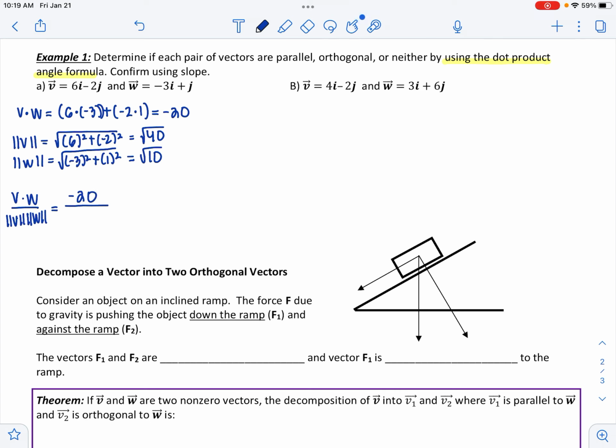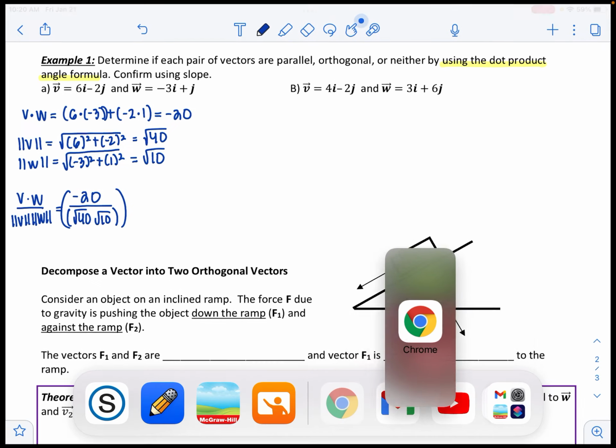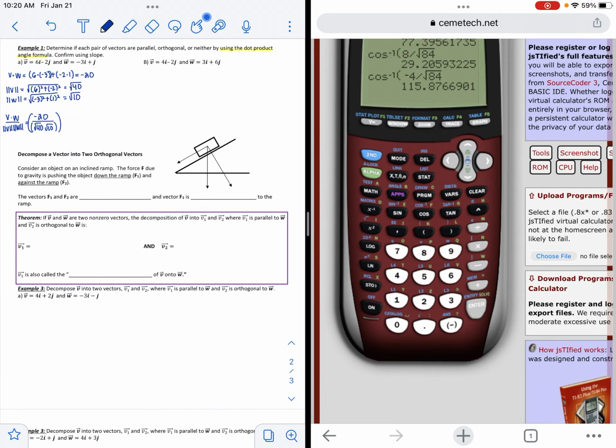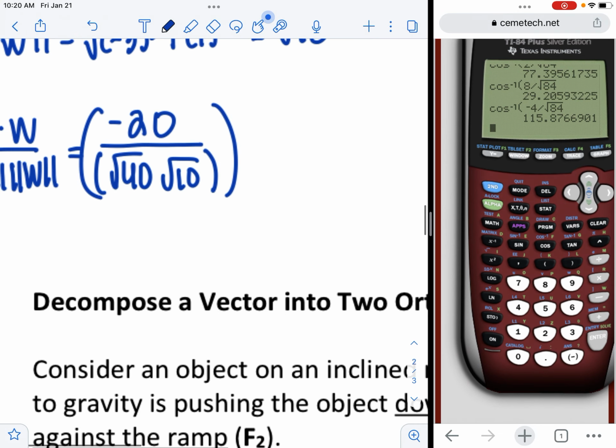So what I'm doing is negative 20 divided by root 40 times root 10. I don't need a calculator, but you can use one. The reason I don't need one is because I know root 40 times root 10 is root 400, and root 400 is 20. Negative 20 divided by 20 is negative 1. So I know that these are parallel because that's negative 1.